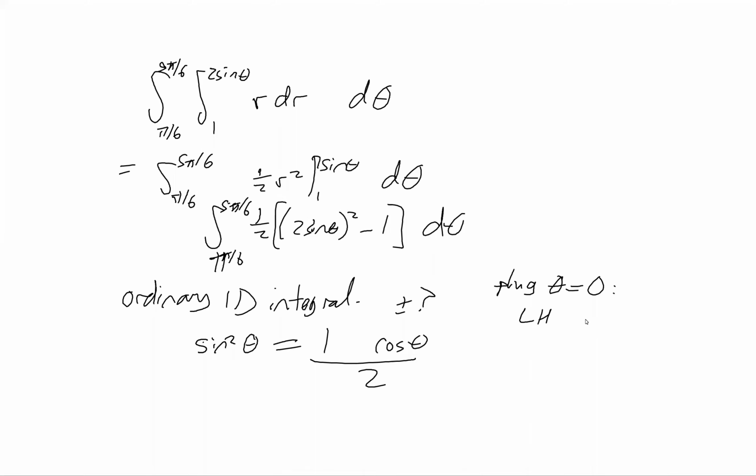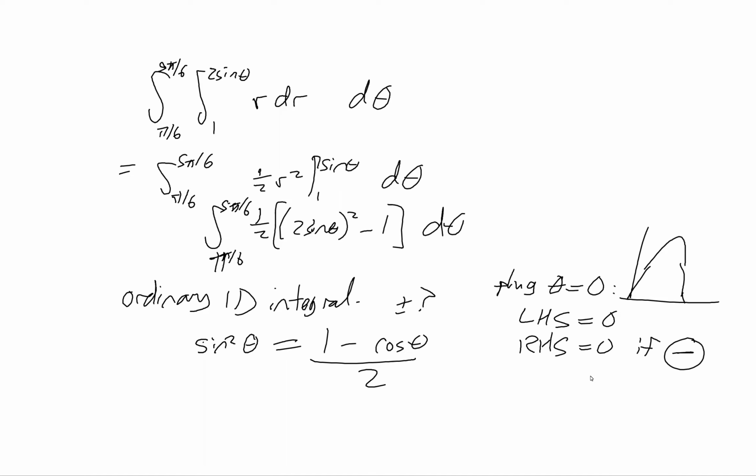So the left-hand side is 0 because sine is 0. And the right-hand side equals 0 if you use the minus sign. And if you use a plus sign, it's 1. So that's not what we want. Okay, so if you use that substitution, oh, I'm sorry, there should be a 2 theta. So if you use that substitution, the integral now becomes straightforward.